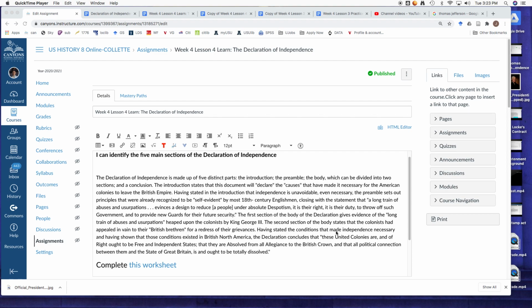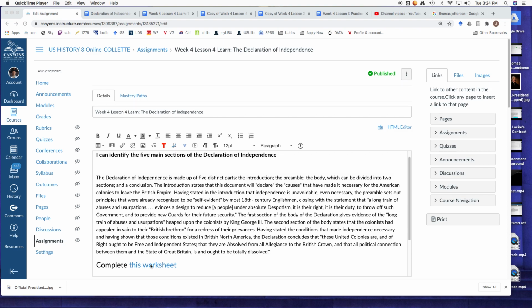Having stated the conditions that made independence necessary, and having shown that these conditions existed in British North America, the Declaration concludes that these united colonies are, and of right ought to be, free and independent states, that they are absolved from all allegiance to the British Crown, and that all political connection between them and the state of Great Britain is and ought to be totally dissolved.